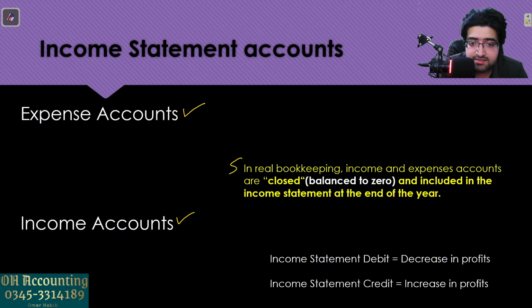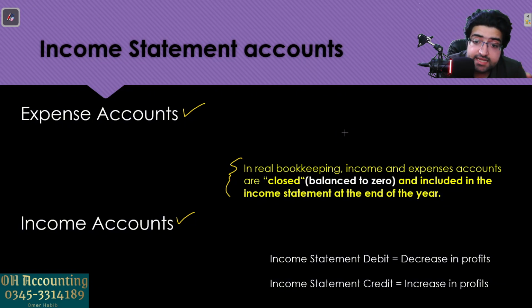But let's read this. In real bookkeeping, income and expense accounts are closed, balanced to 0 and included in the income statement at the end of the year. Okay. There is an accounting principle called the matching principle, which states that the expenses that belong to the current year should be recorded in the current year of the income statement, right?